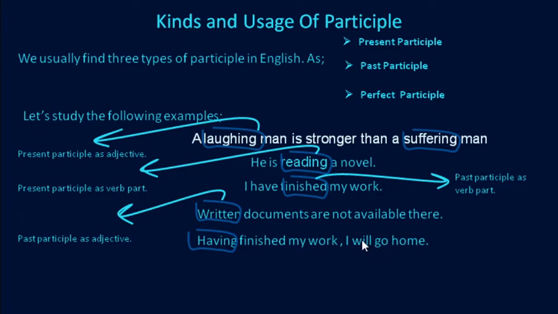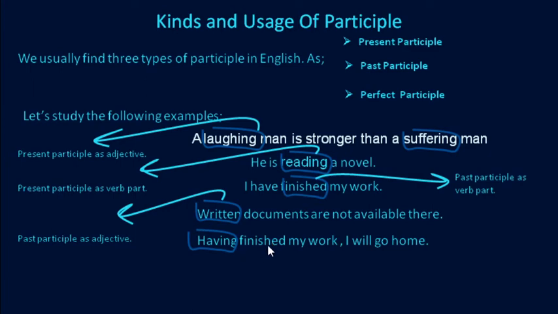I am again repeating for you. For present participle, verb plus ing. Past participle is simply the past participle form, just like write, wrote, written. And for perfect participle, just an extra having is added with the past participle form. After having, you have to use the V3 form, whatever the word is.